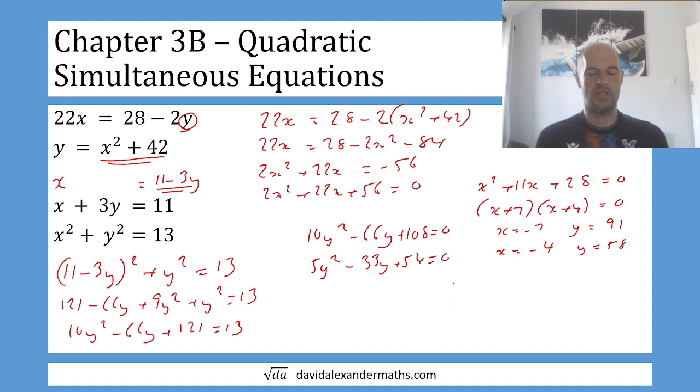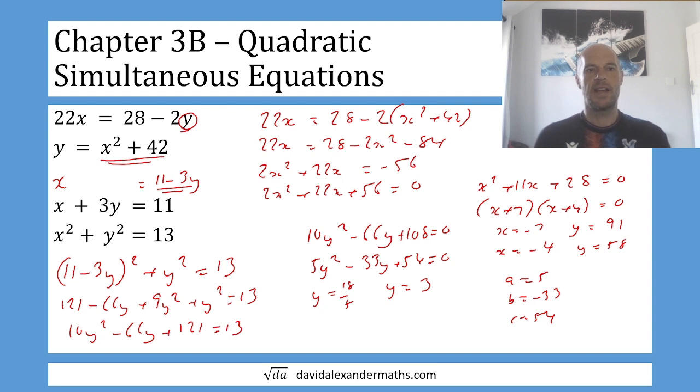And here I'm just going to use my quadratic equation solver. So I know that a is 5, b is negative 33, and c is 54. So 5y squared minus 33y plus 54. So y is 18 over 5 and y is 3.